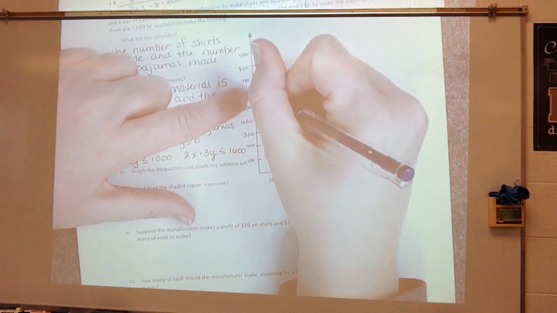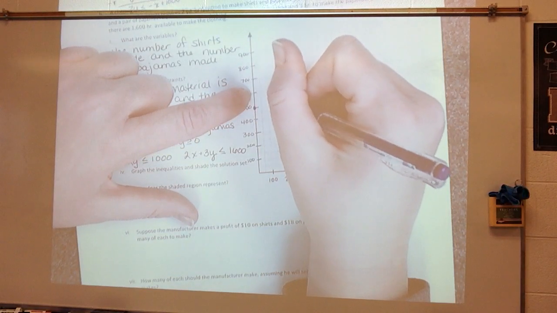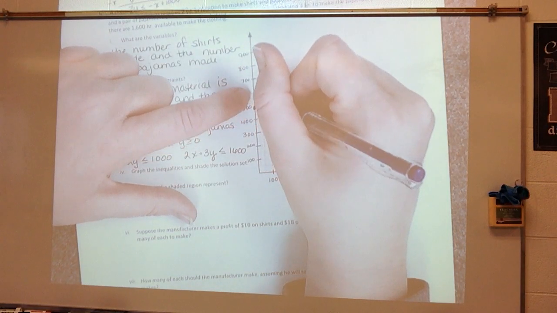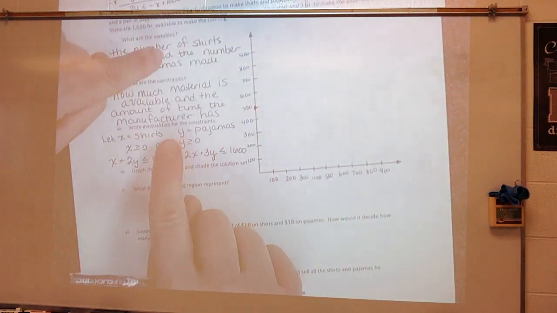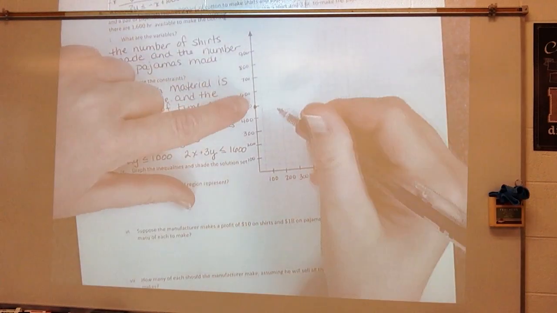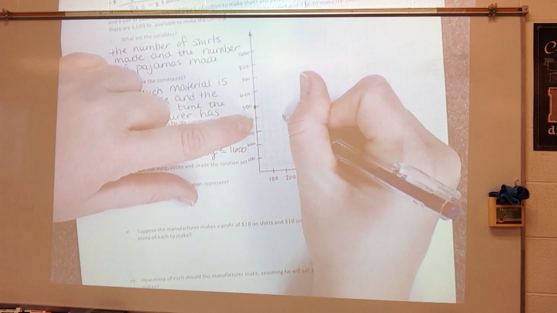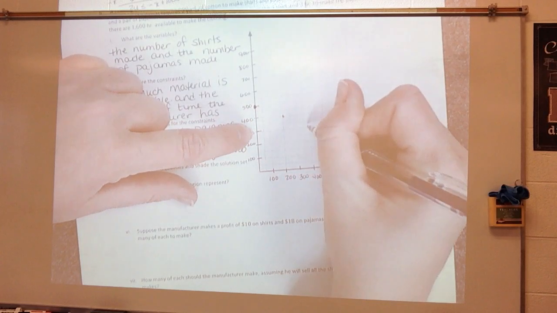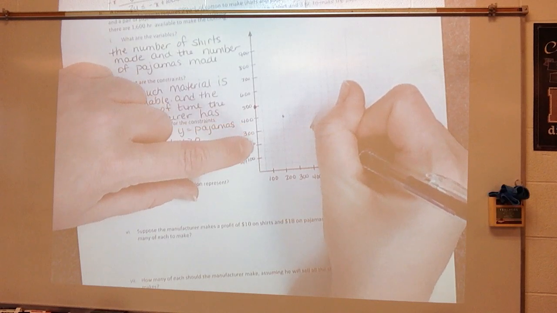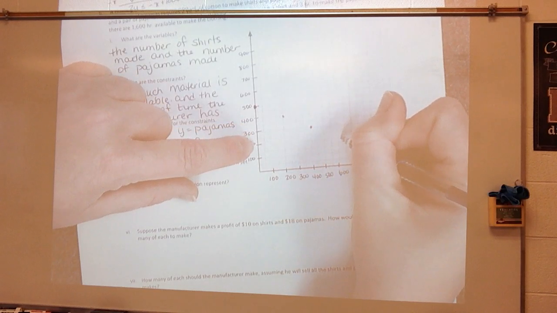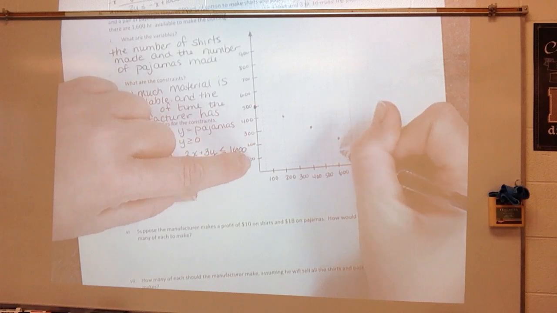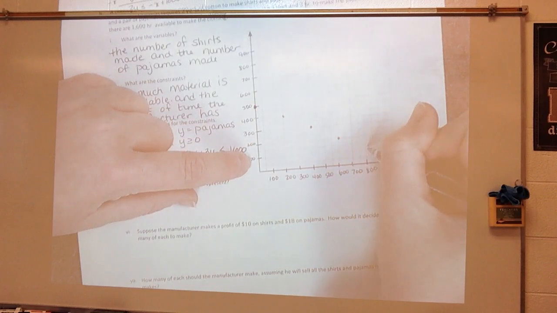So I can go up, but it's a negative. So I would go to the left. I can't do that, so I'm going to go down and over 2. Down and over 2, and continue down and over 2.